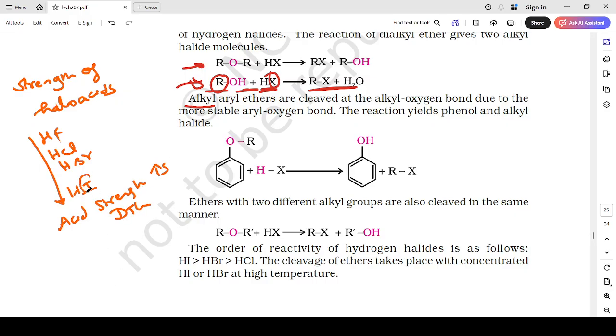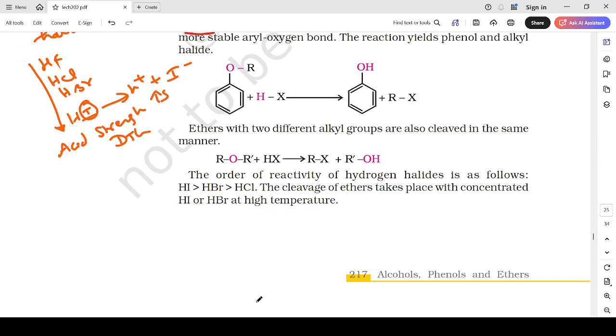The reason is that I is the least electronegative, so it will be able to release H plus so easily. Yeah, that makes sense, ma'am. Okay.